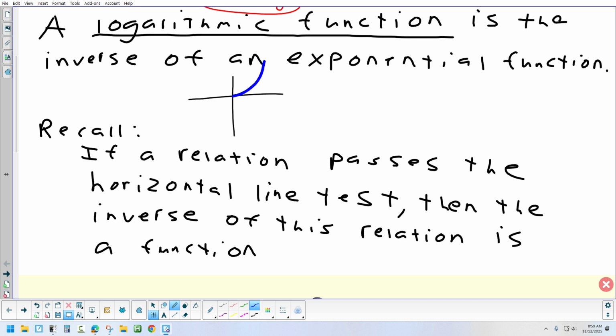If I draw a horizontal line, does a parabola pass the horizontal line test? Meaning if I put a horizontal line, would it only hit that graph one time? Jake, what do you think? Yeah, no matter where you draw a horizontal line, it is only going to hit the graph one time. Because it only hits the graph one time, then that means the inverse of this picture is a function.